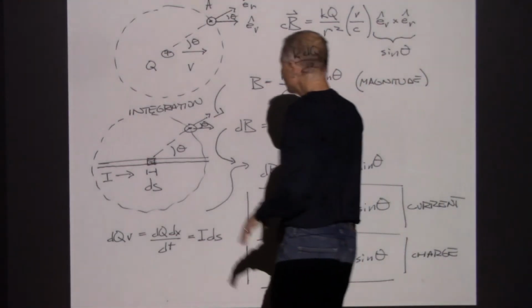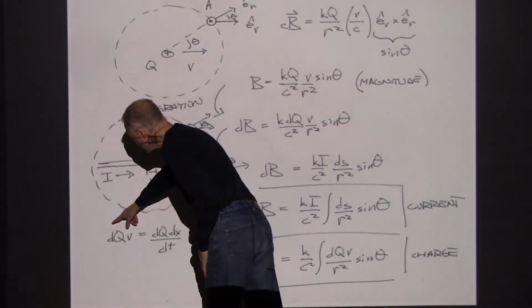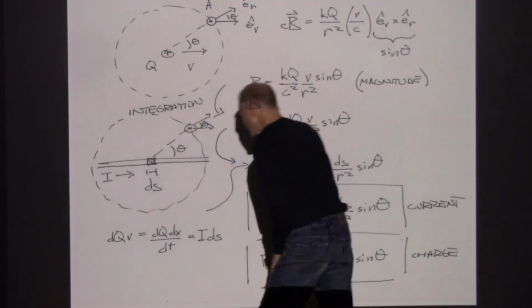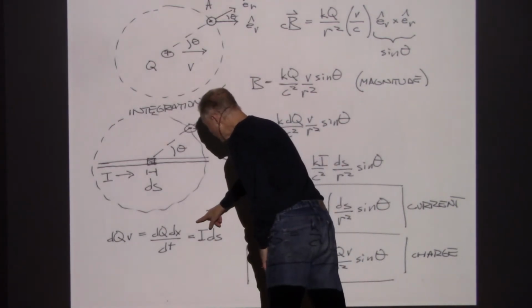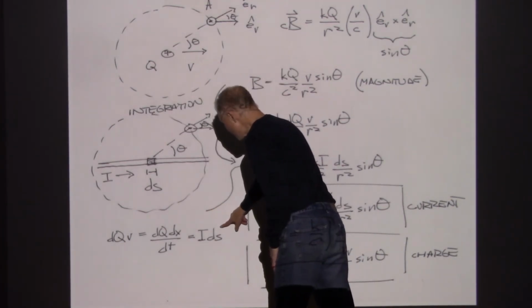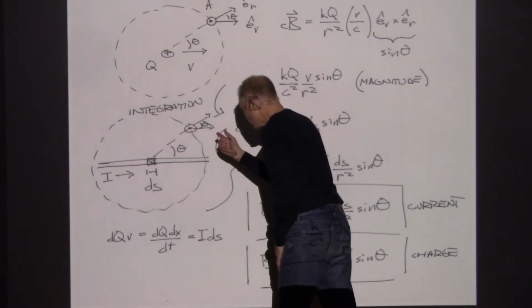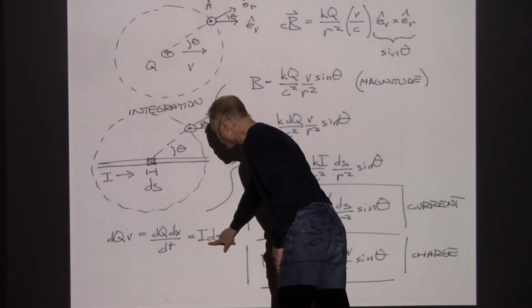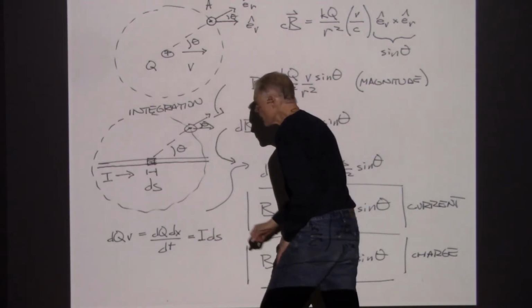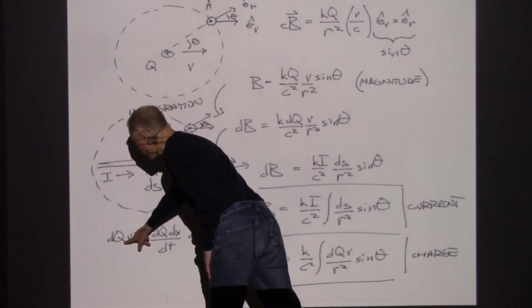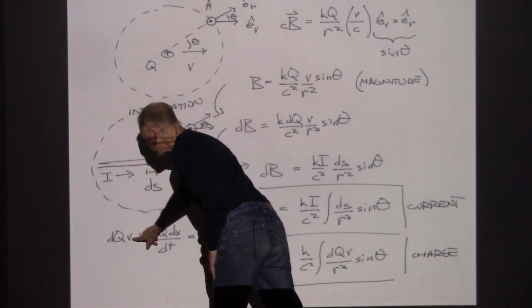So what we've done with this little formula down here, dq times v is the same thing as a current integrated over short segments. These are short current segments. These are little bits of charge moving at some velocity.